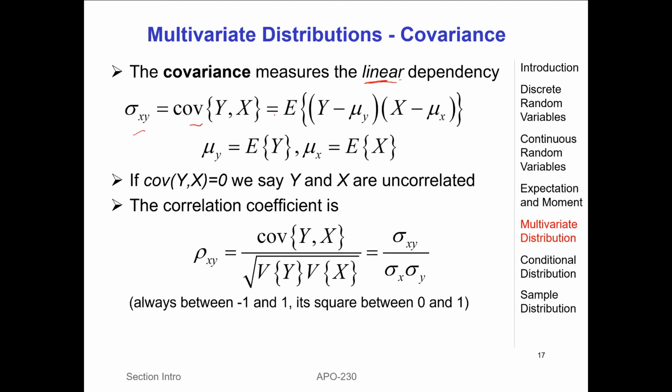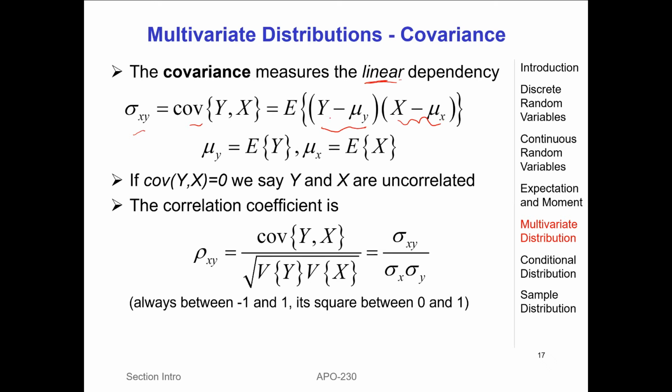Then it equals the product. The product of what? The product of the deviations of the two random variables from their respective mean.